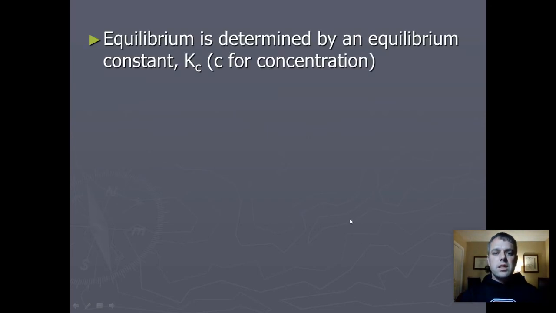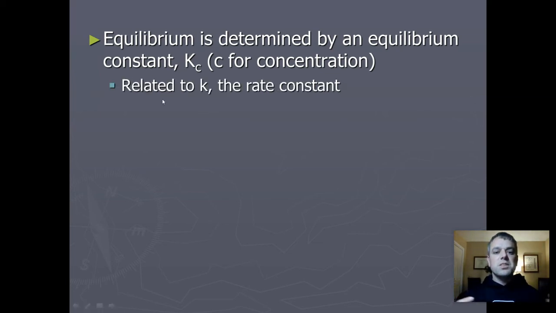So, the equilibrium position for any reversible chemical reaction that achieves a state of equilibrium is described by an equilibrium constant Kc, or sometimes it's just symbolized with K. Now, please note, this is a capital letter K, unlike the lowercase k for the rate constant.